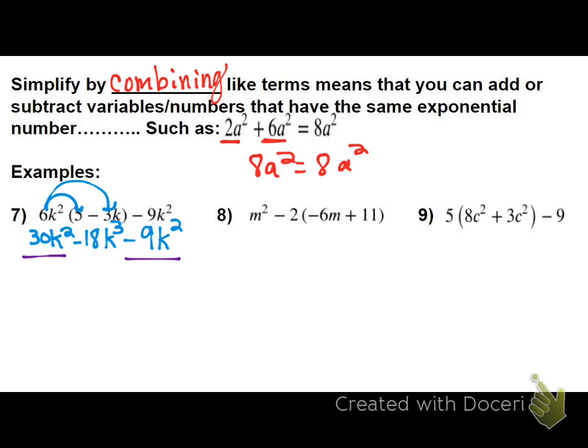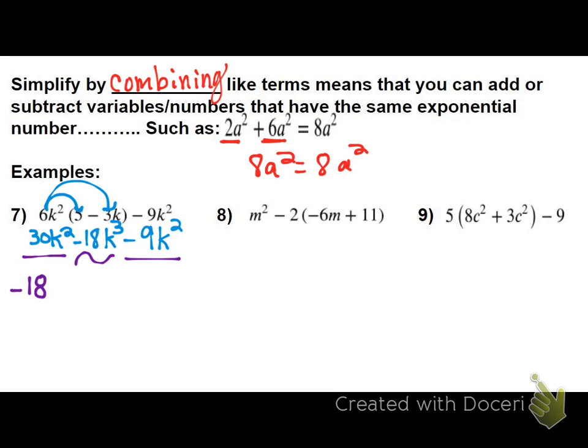What about this negative 18k cubed? Does that have a like term? No, it's by itself. Now, if we remember back to the very start of our notes, it says that when I combine like terms and write my final answer, I need to do so in order based on the variables being in alphabetical order, and also the variables have to start from the greatest exponent. So which one's bigger, squared or to the third? I'm going to bring that guy down first, and I have to make sure I take that negative sign with it.